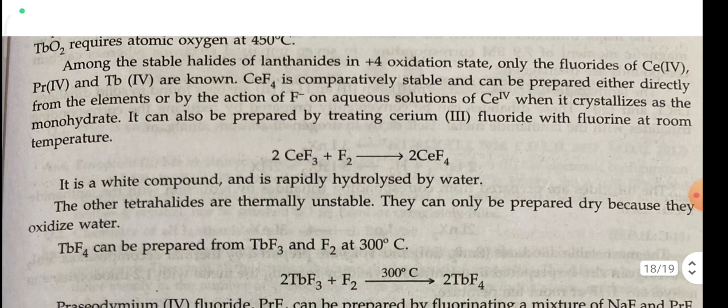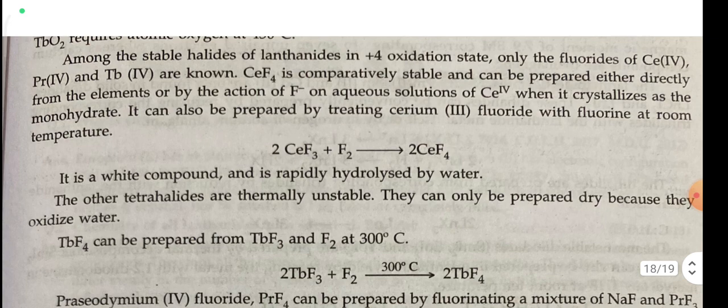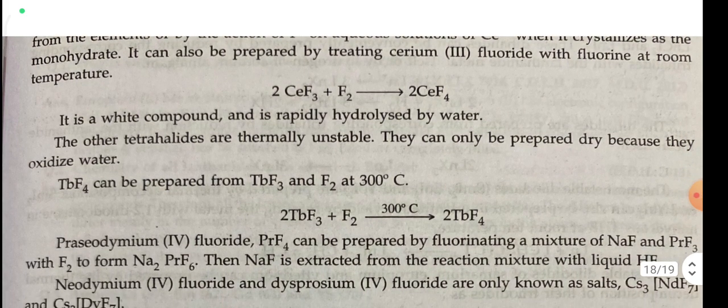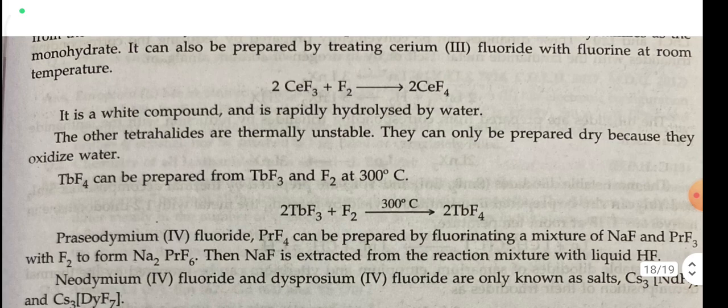CeF4 is comparatively stable and can be prepared either directly from the elements or by the action of F- on the aqueous solution of cerium 4+. When it crystallizes as monohydrate, it can also be prepared by treating cerium 3 fluoride with fluorine at room temperature.